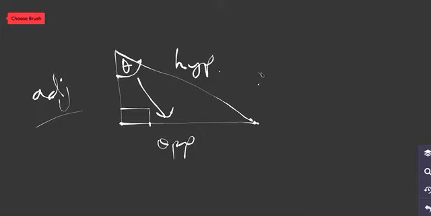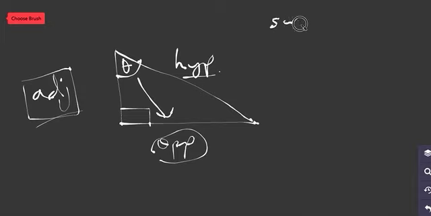So I find that when labeling the sides, it's always easier to firstly find the hypotenuse and the opposite side, and the remaining side is the adjacent one. So how does this help us? Now that we know which side is adjacent, opposite, and hypotenuse, then it becomes easier to work out what sine of theta is.